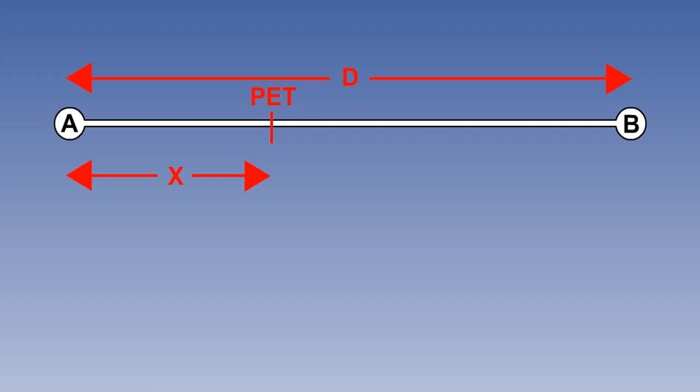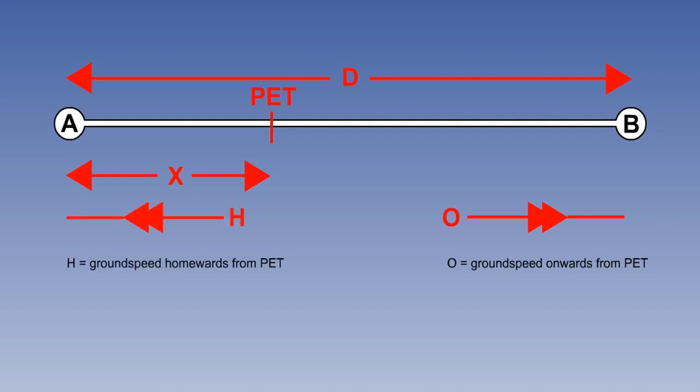So it's an unknown distance, x. We'll call the onward ground speed from the point of equal time O, and the homebound ground speed h. The basic definition of point of equal time means that the time onwards must be the same as the time home.